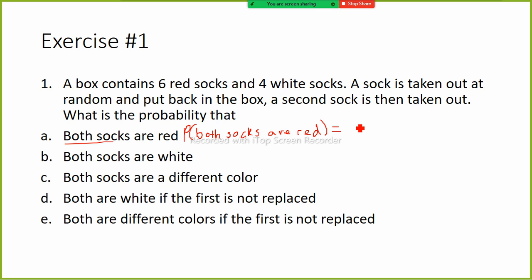And so that means we're gonna have the 6/10, because it's 6 red socks and 10 overall, times 6/10 because it's 6 red socks still, because we put that first red sock that we took out back in. And so it's going to give us 36/100, like Jasmine said. Once we simplify it, it's going to be equal to 9/25.